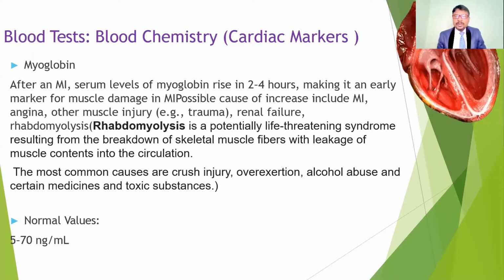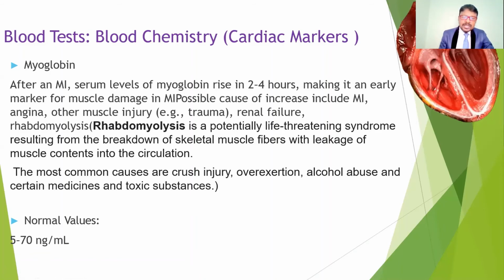The most common cause of rhabdomyolysis is crush injuries. If there is any severe crush injury, the fibers are going to get damaged or torn, and whatever content is there is going to be released into circulation. Also overexertion, alcohol abuse, certain medications and toxic substances may cause this rhabdomyolysis, that is the breakdown of the skeletal fibers.